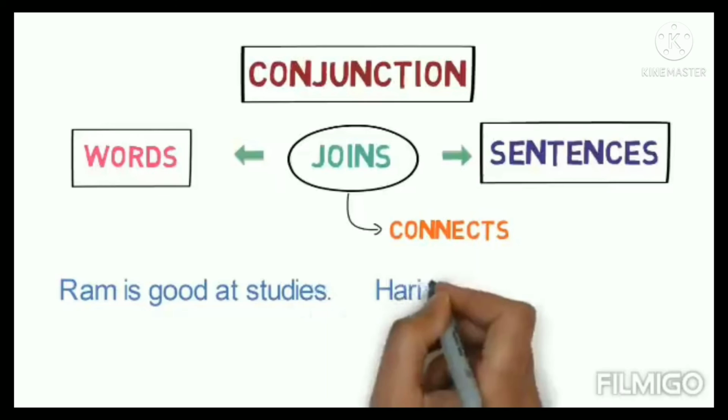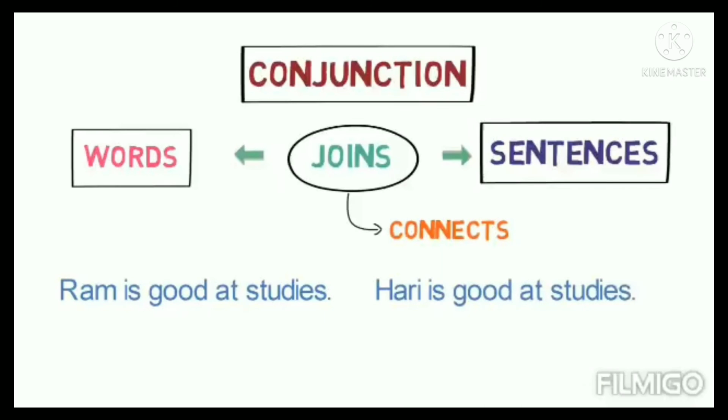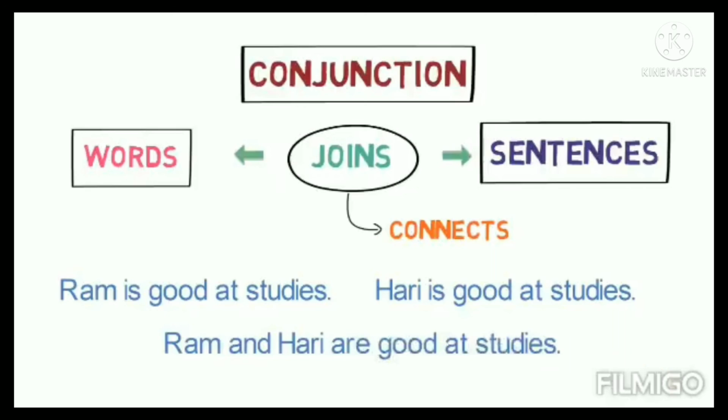Ram is good at studies. Hari is good at studies. Now both sentences mean the same, so we can connect them into one single sentence. The sentence will look like this: Ram and Hari are good at studies. Can you notice how we combined two sentences with the word and? This is the role of a conjunction.